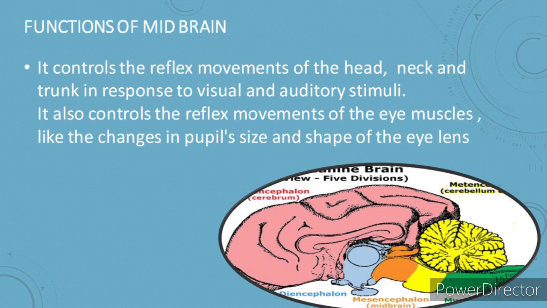So all these things increase in size, and the shape of the eye lens also changes. Everything happens instantaneously in response to the visual and auditory stimuli, and this is called reflex movements, and these reflex movements are controlled by the midbrain.